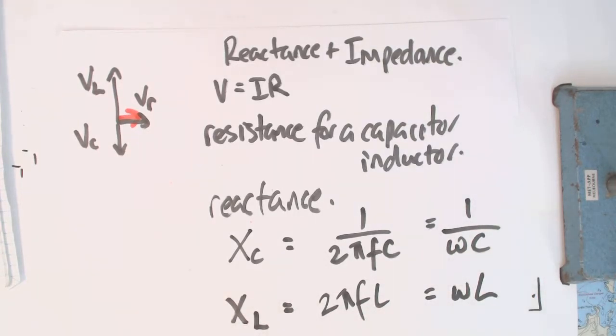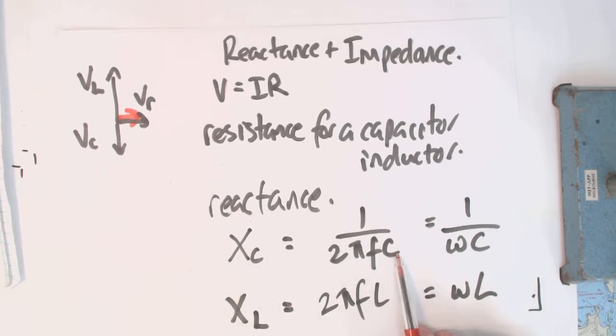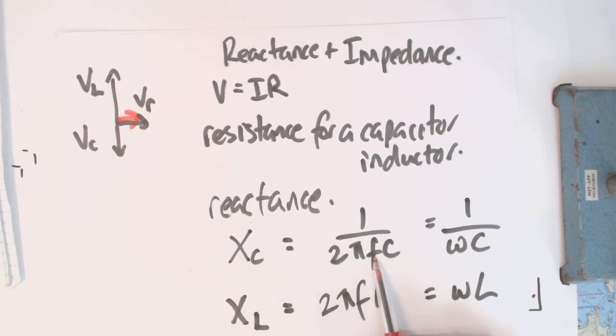Always when you see formulas, have a little think to yourself, what does that mean? That means that as the capacitor gets bigger, the reactance gets smaller, given that you've got the same frequency. These are the things to look at. So the smaller the capacitor, the bigger the reactance.